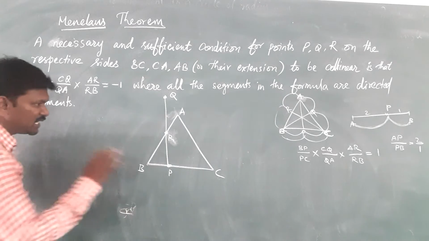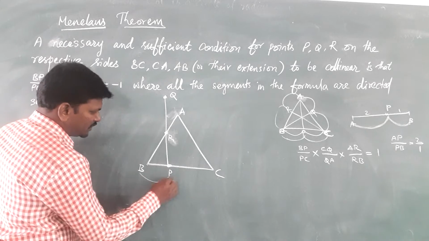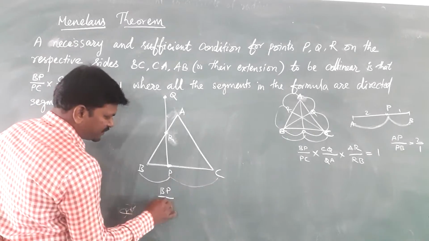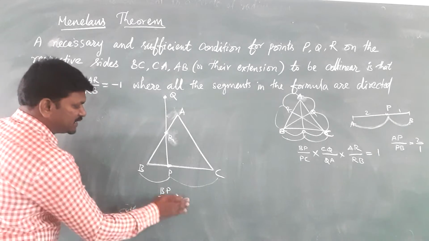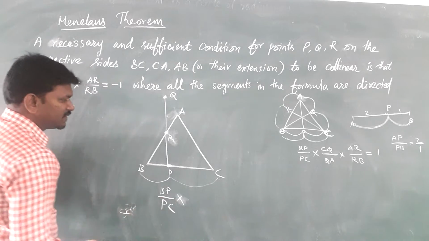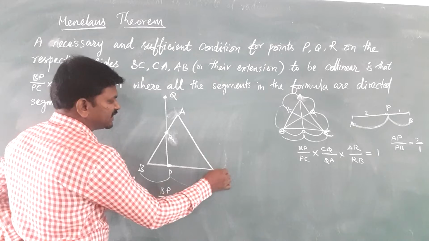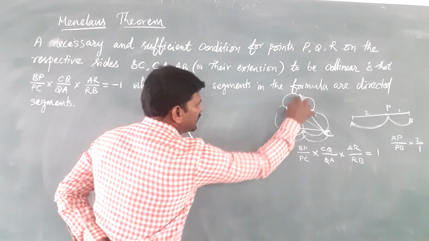So here also, see here, BP by PC into CQ by QA into AR by RB.